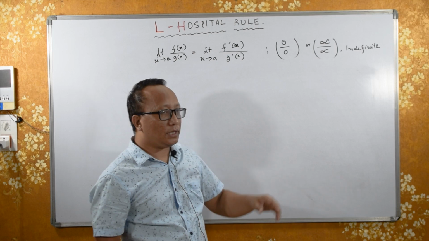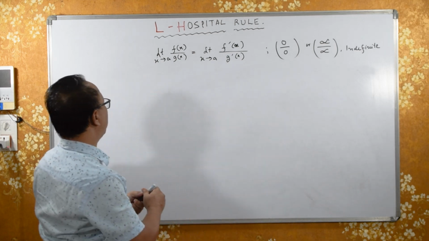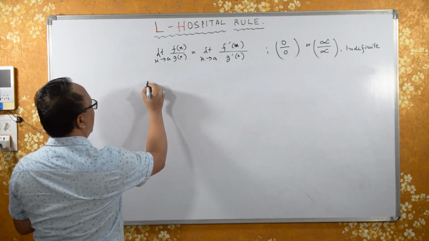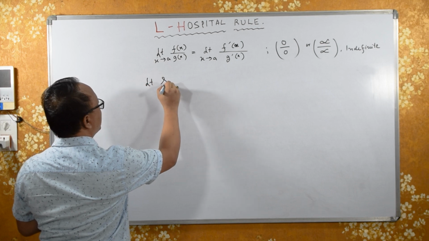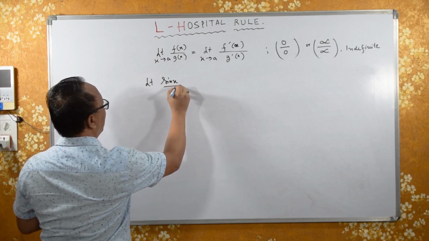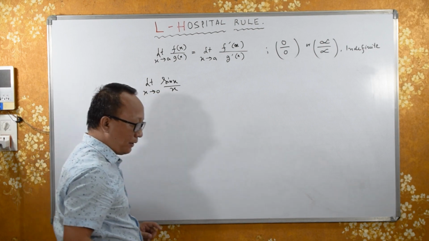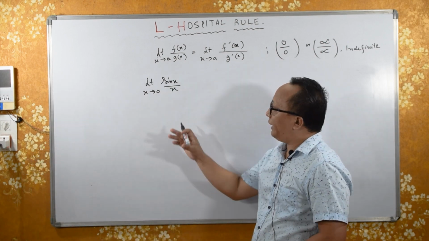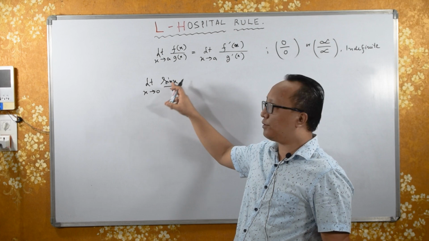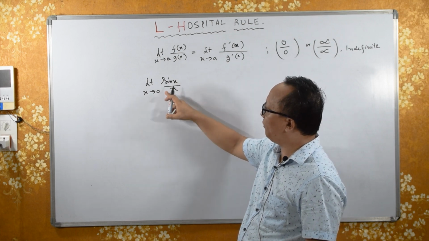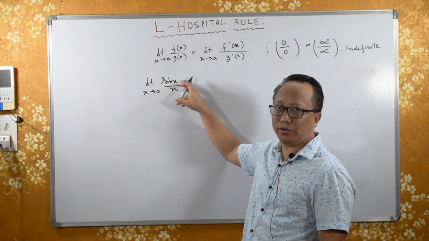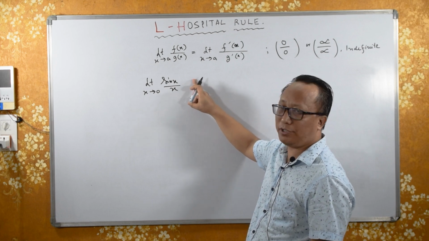Let's take some simple examples. For example, the limit of sin x upon x, where x tends to 0. When x tends to 0 and I substitute the value of x, sin 0 is 0 upon 0. It is of the form 0 by 0.